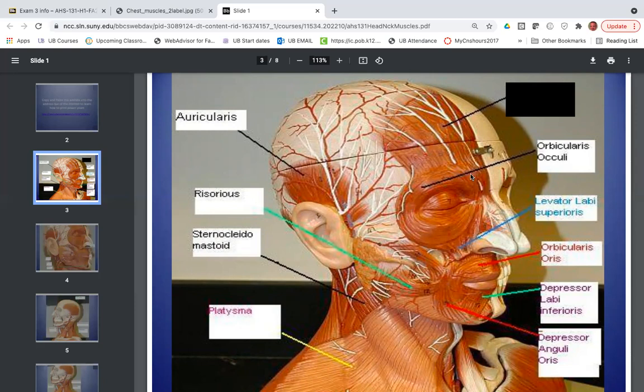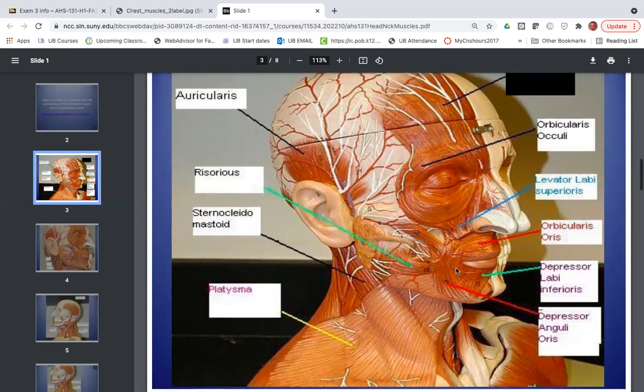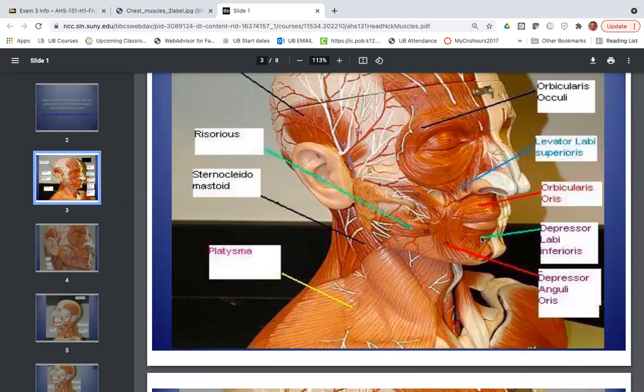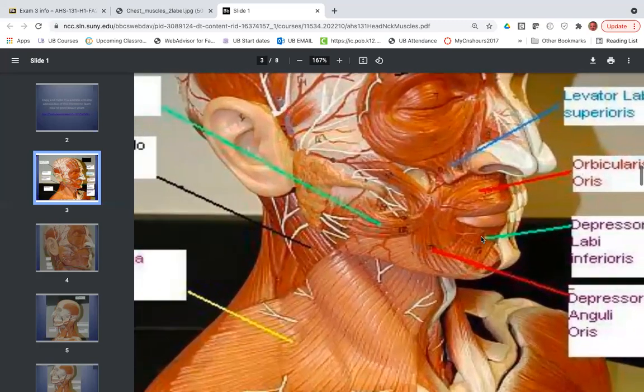Orbicularis oculi. Now there's another Orbicularis around the lips, Orbicularis oris. Underneath that bottom lip, let's see if I could zoom in a little bit right there.